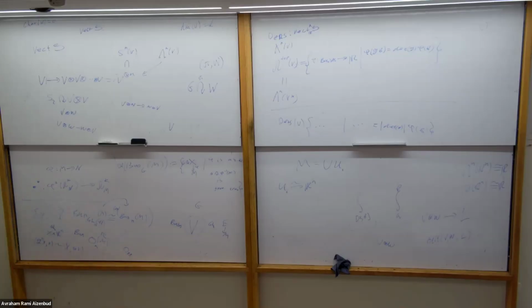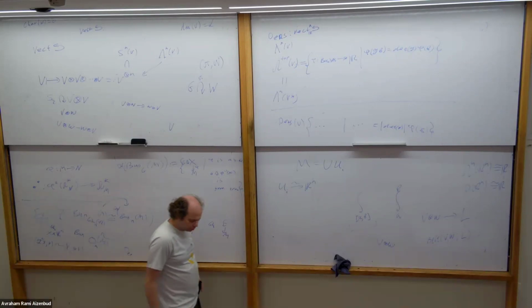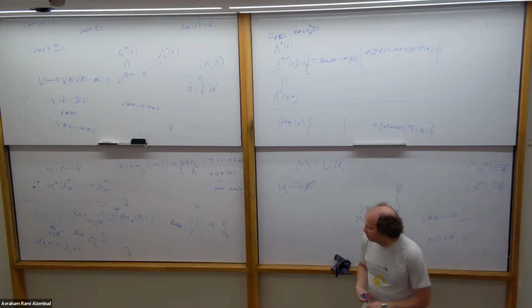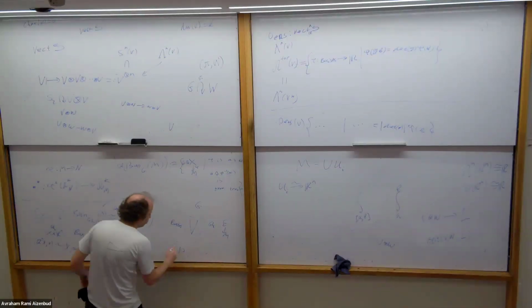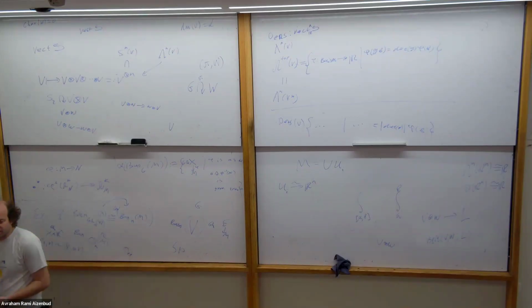If instead of ON you take OPQ, do you all know what OPQ is? ON is square matrices that preserve a positive definite symmetric bilinear form, and OPQ is square matrices, endomorphisms, that preserve some specific bilinear form which is not positive definite, but has signature PQ. And then we get bundles with a metric of signature PQ. You can take SpN, the group of all matrices that preserve an antisymmetric non-degenerate form.